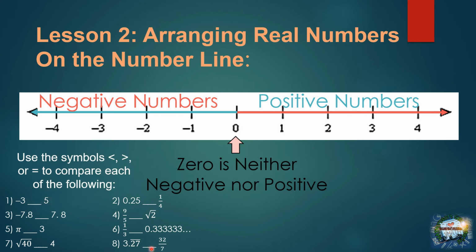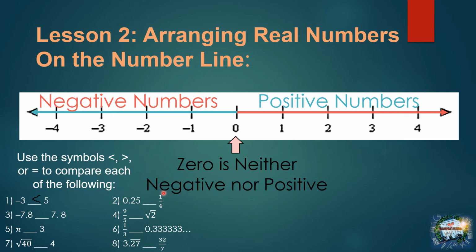So, anong tamang symbol na gagamitin natin? Ang tamang symbol na gagamitin natin should be this one. So, lesser than. Okay? So, this time, let's have number 2. Number 2 is 0.25 and 1/4.